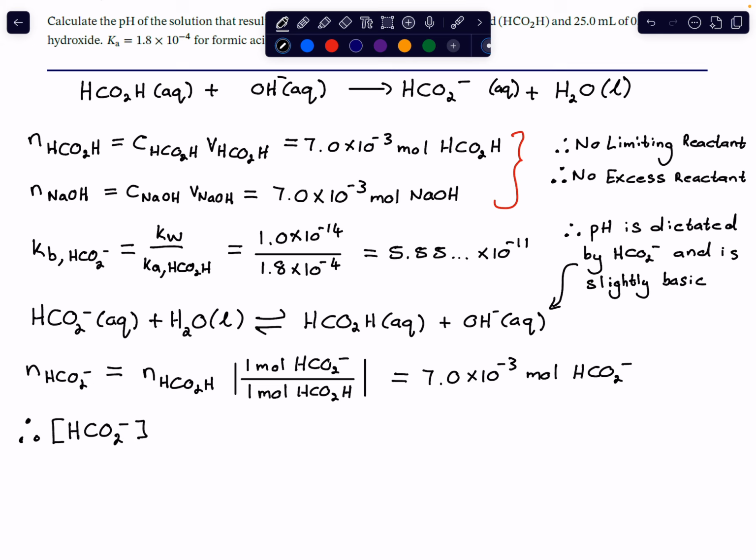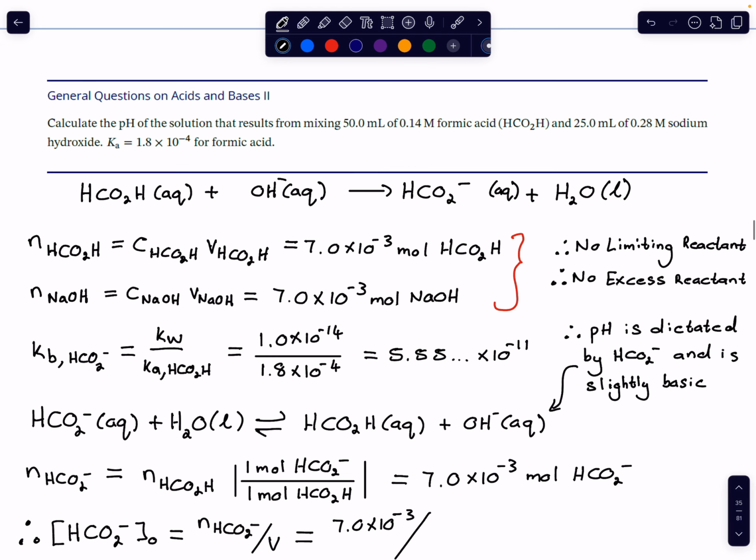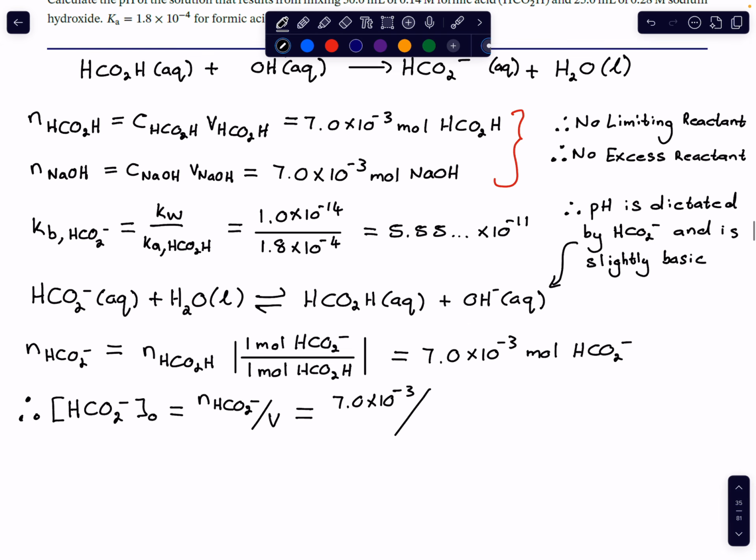HCO2 minus is equal to its number of mole divided by the total volume. And this volume, of course, we must calculate from the total volume that is added together. So we mix 50 milliliter with 25 milliliter.